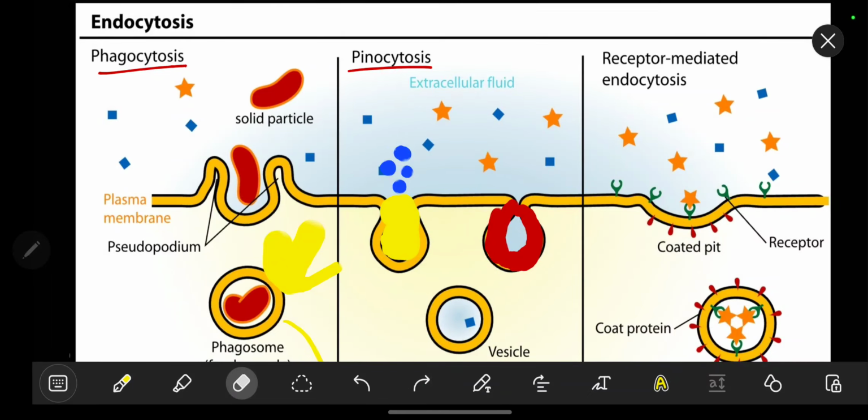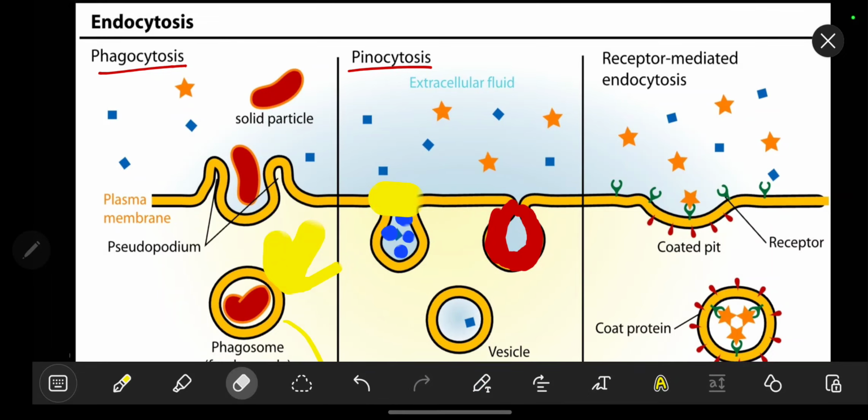When it is closer to the cell, it's not that the cell is just stationary. The cell will also be moving, but as it is moving, when it sees that there is something nearby, it will be able to open up like that. When it opens up, then it is going to more like swallow those substances. When it swallows those substances, then it is going to close up like that.